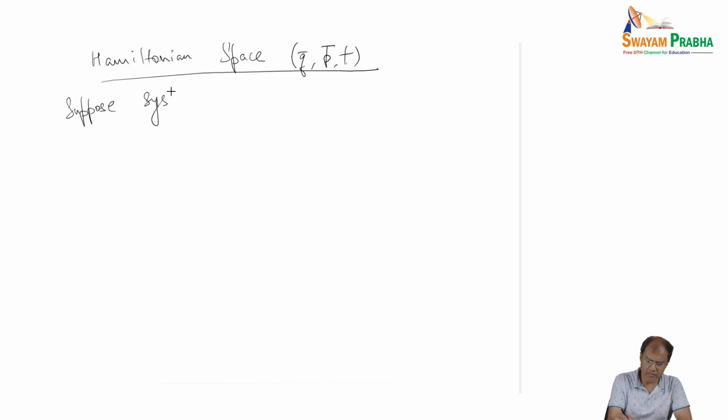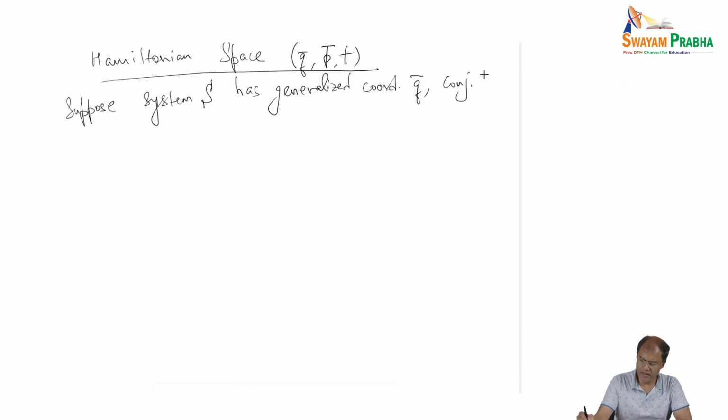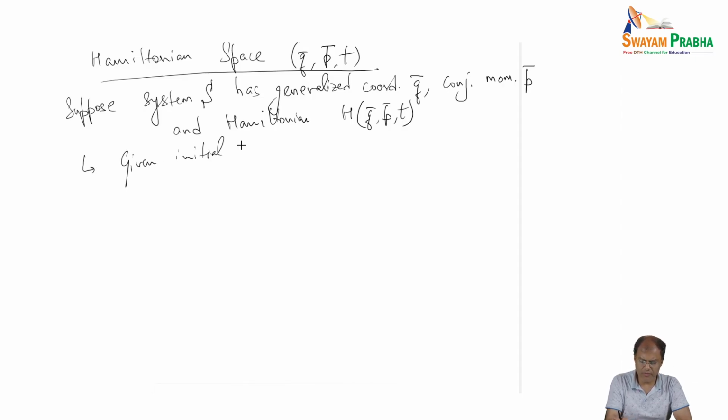Suppose the system S has generalized coordinates q and conjugate momenta p, and we have the Hamiltonian given by H of q, p, t.